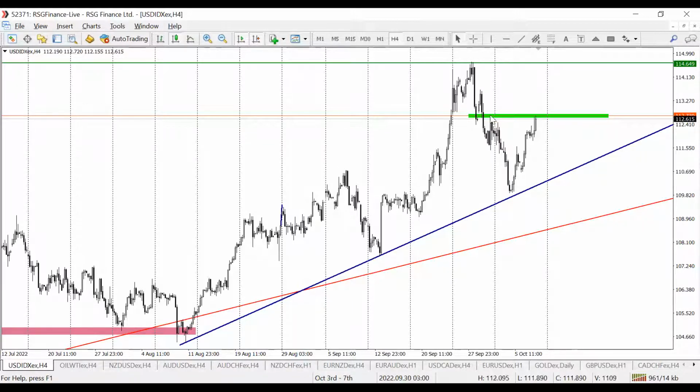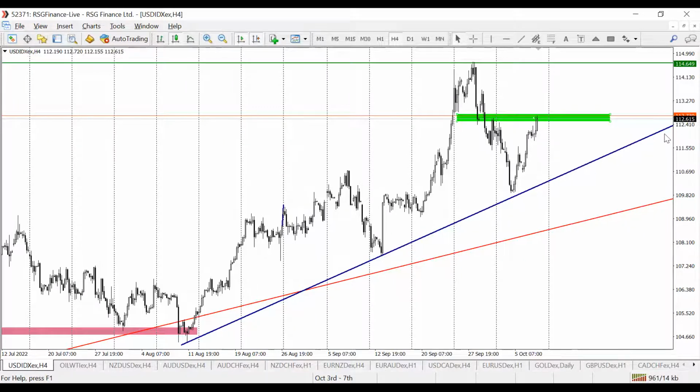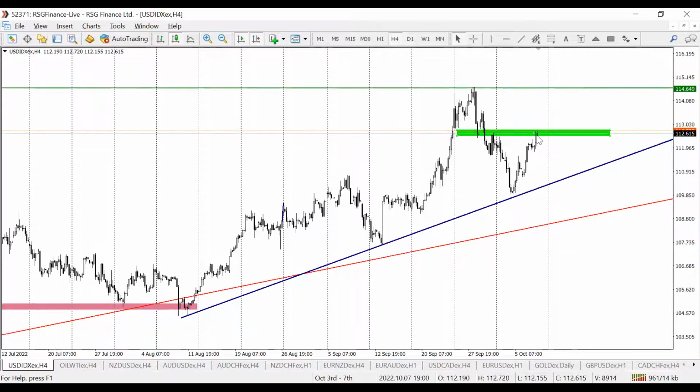So this is the pair we use to set the tone across major US dollar pairs. So I'm still very bullish on this, but I'll be careful because before Thursday, for the CPI data, we could see more correction into the trend line or a break of the red trend line we see here. So all traders, be very careful on that until we get clear direction that we have resumed the bullish trend.